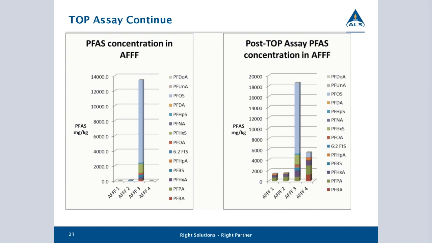So when you're designing your analytical process to analyze for PFOS, looking at the TOP assay to determine if you have hidden mass or you have those precursors in your waters or soils helps you better quantitate how much actual PFOS compounds you have in those samples.